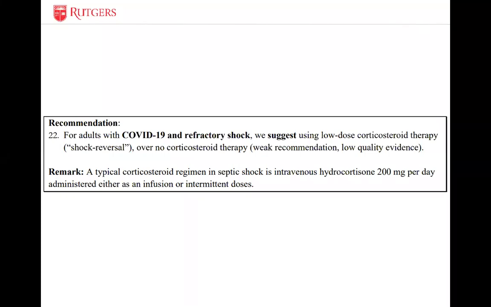And the dose is hydrocortisone, 200 milligrams per day, whether that be as an infusion or an intermittent dose. Most of the time, we end up doing intermittent dosing. In general, in critical care, we do 50 Q6. I think we have to consider Q8 dosing at most, just to decrease the amount of time that people are going into the room to administer this.